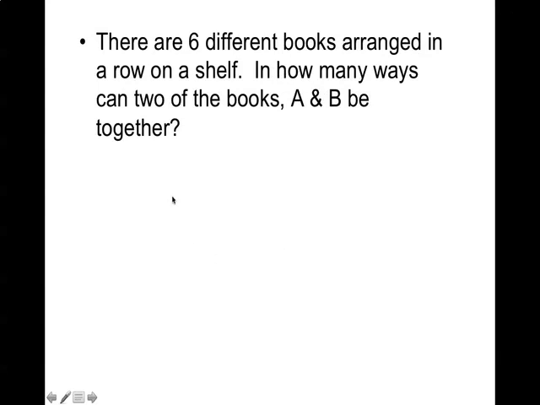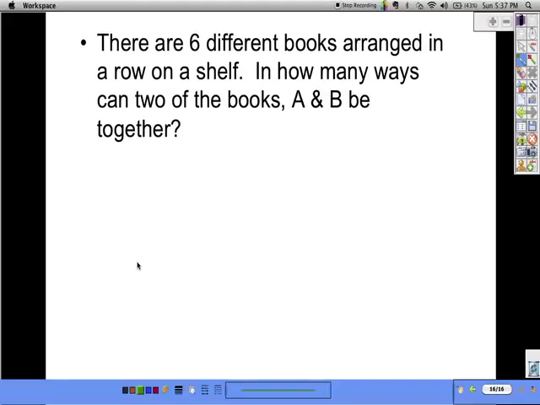Now we have books on a shelf. How many ways can we arrange these books, provided that A and B have to be right next to each other? So in essence, A and B could be treated as being one item that just has to be together.